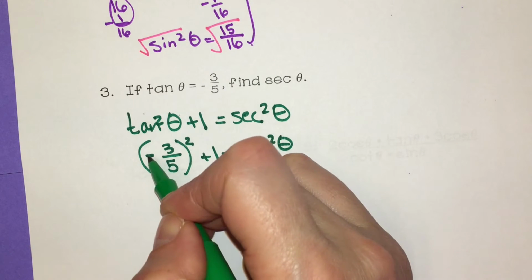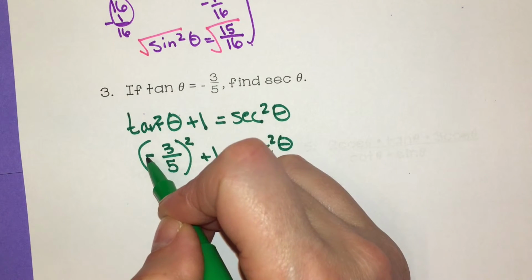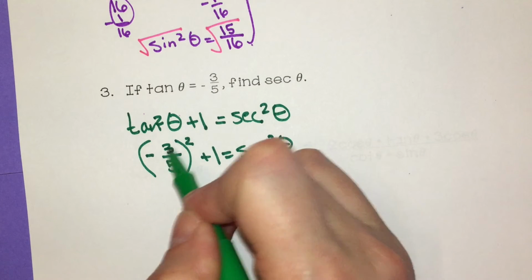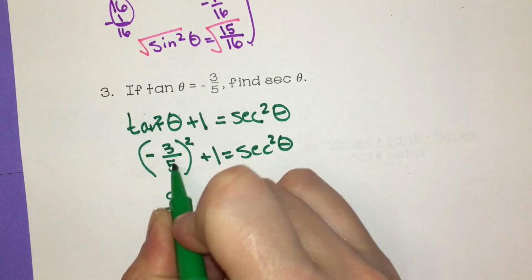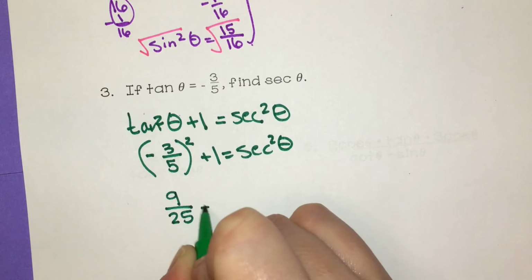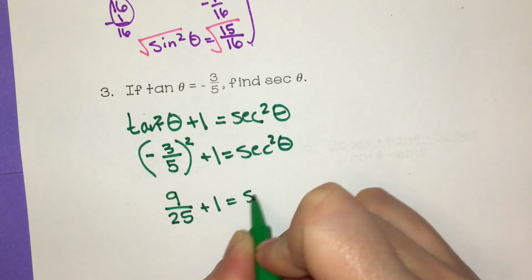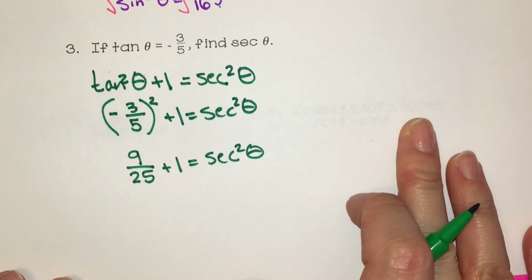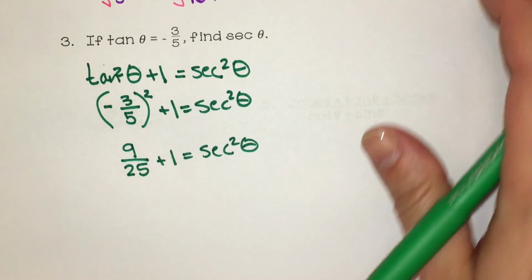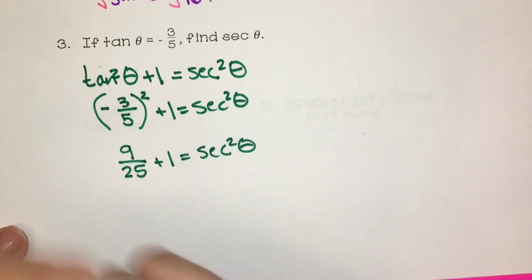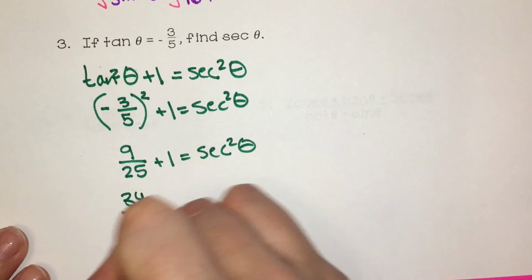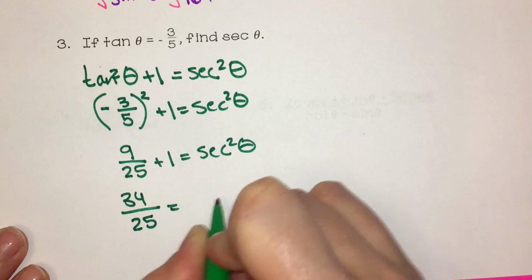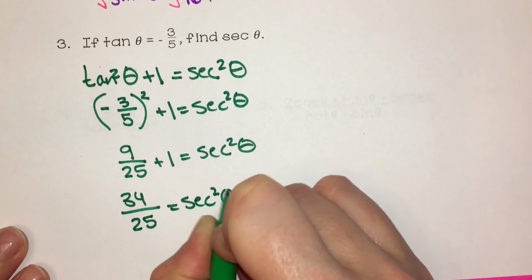All right, we're going to square it, so a negative multiplied by itself is a positive. 3 squared is 9, over 5 squared is 25, plus 1 equals secant squared theta. All right, 9/25 plus 1 gives me 34/25. That equals secant squared theta.